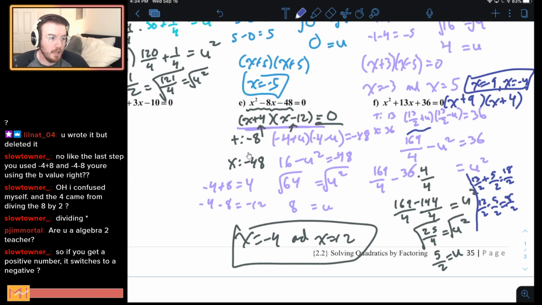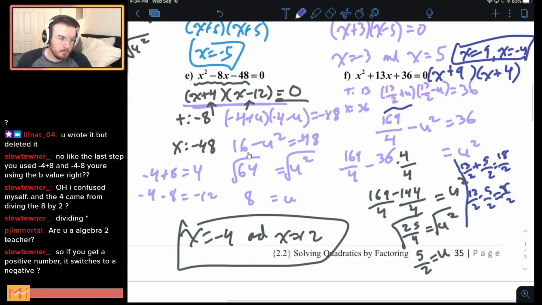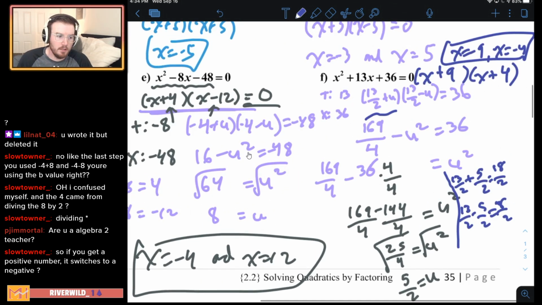So if you get a positive number, it switches to a negative. Why is it switching to a negative? Because we're trying to get this thing equal to 0.